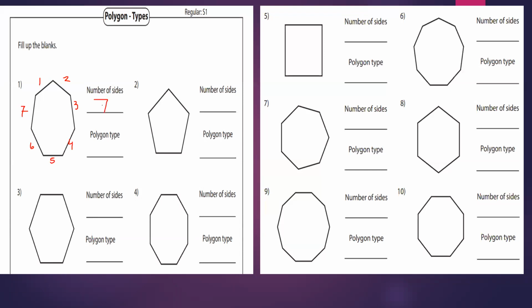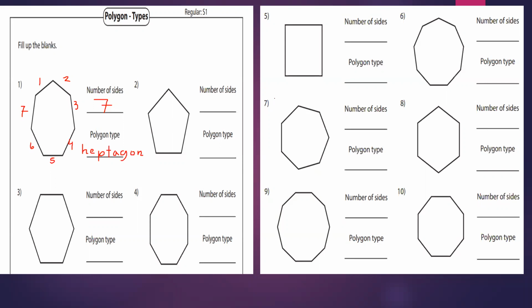And what do we call that polygon that has 7 sides? A heptagon. Heptagon, H-E-P-T-A-G-O-N. How many persons got heptagon for number one? Me, I did. Okay. All right, very good.